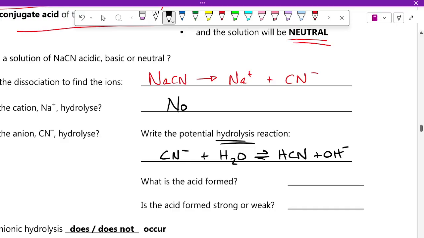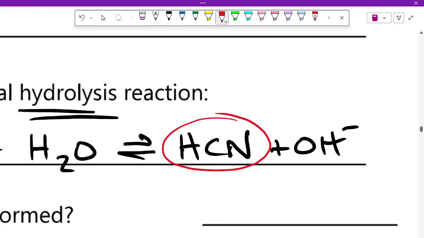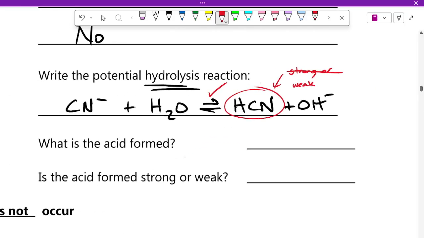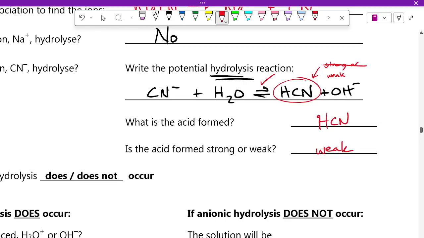What do we ask ourselves about the products? Is this strong or weak? It is weak. Therefore, does this reaction take place? Yes. Therefore, does hydrolysis occur? Yes.